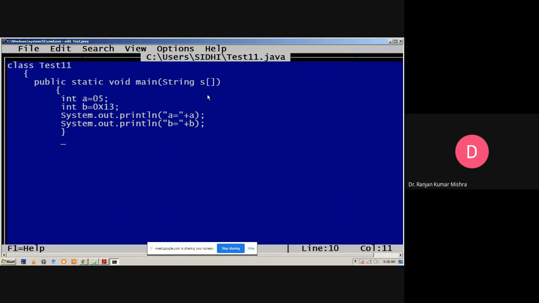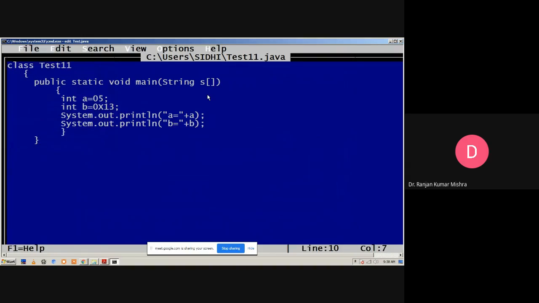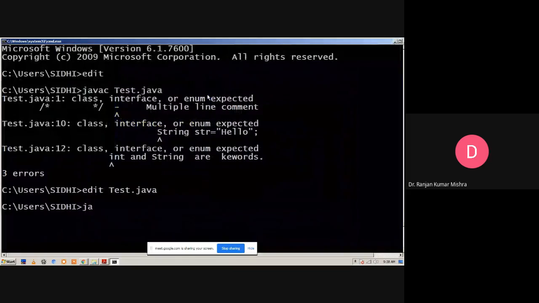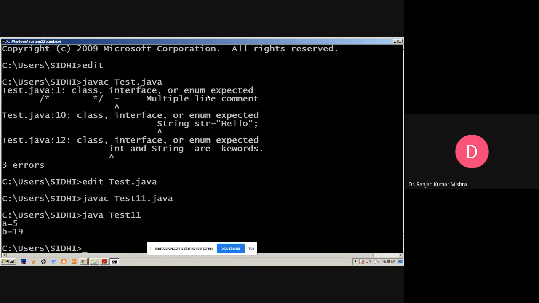Okay, close, file, save. Now exit, javac Test11.java, then java Test11. The values are 5 and the second is 19.